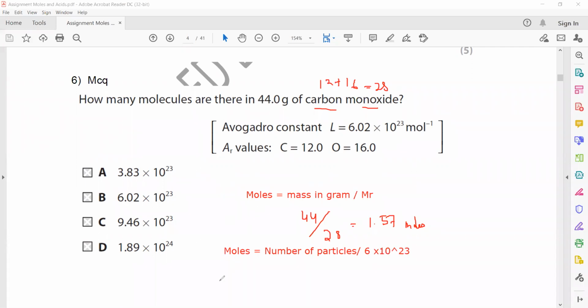So 1.57, number of the particles unknown, and we have Avogadro's constant, which is 6 into 10 to the power 23. This will be multiplied there. So 1.57 into 6 into 10 to the power 23. This will be 9.46 into 10 to the power 23. So C will be the right answer.